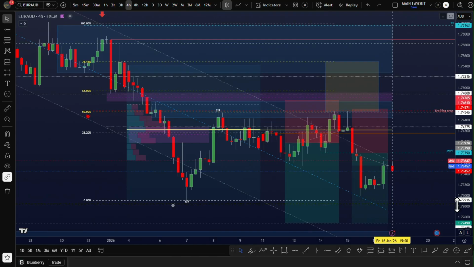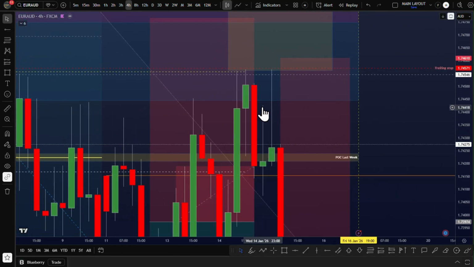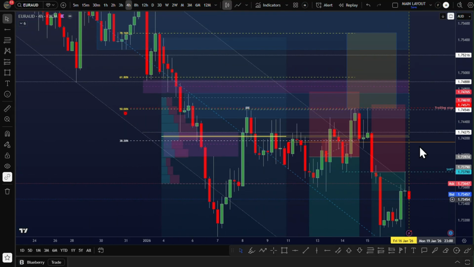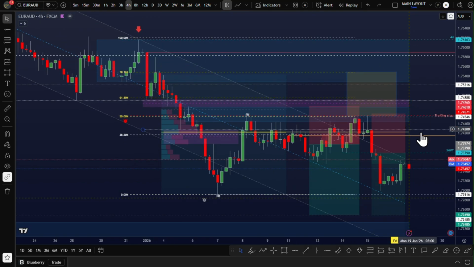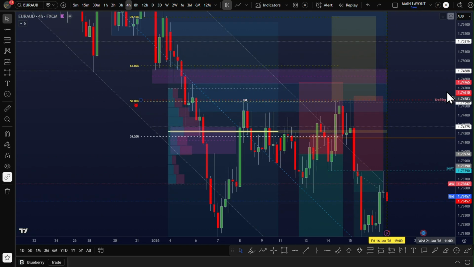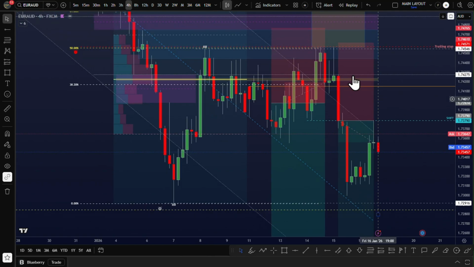But if you see it clearly, price tapped the 50%. It doesn't always need to go above the 50% or the 61% or even higher, tapping this supply zone. When the trend is strong, sometimes we also need a little tap on 50% before really going lower.